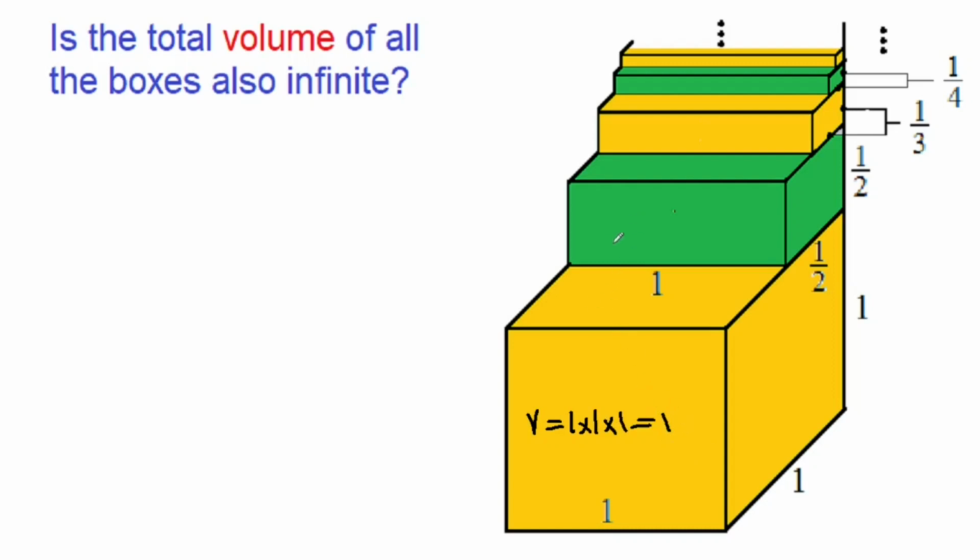The box on top of that has dimensions 1, 1/2, 1/2, so its volume is 1 times 1/2 times 1/2, which is 1/2 squared. Now that's a little different from the length and surface area.